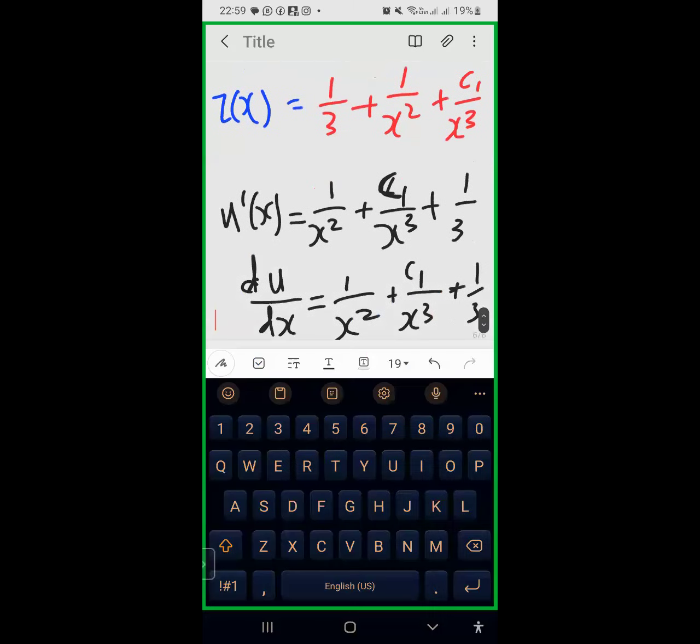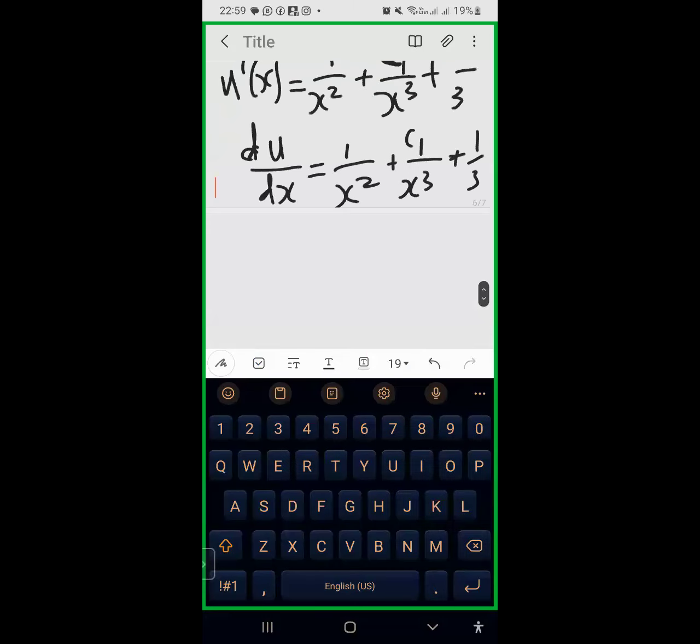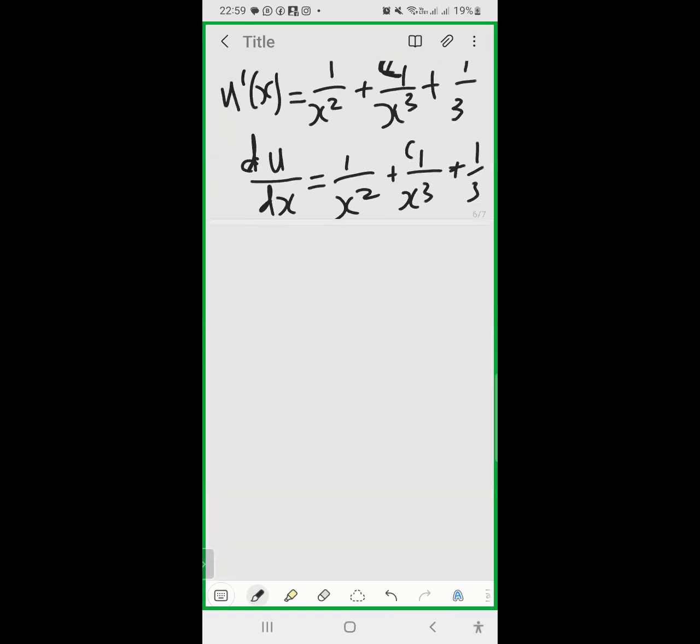Then, by separation of variables, we're going to have du equal to 1 over x squared plus c1 over x cubed plus 1 over 3 dx.